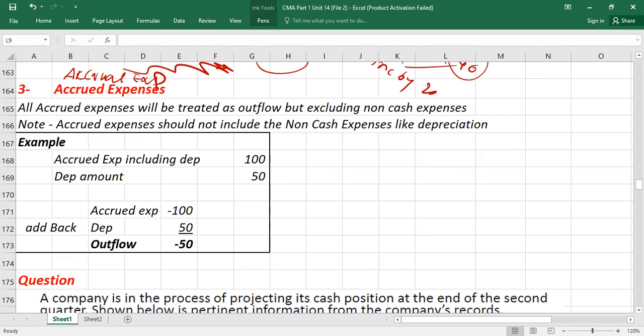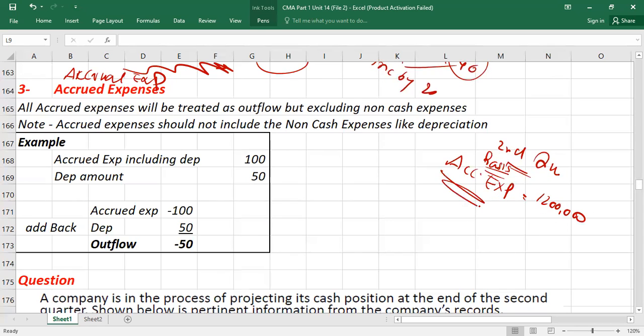So what is the point here? In your exam, I'm going to explain how adjustments would be given, because accounting follows accrual basis. For example, we are preparing a cash budget for the second quarter, and he told you accrual basis expenses. Accrual basis means it's accounting expenses, right? Because accounting is based on accrual. So accrual basis expenses are, for example, 1.2 million.